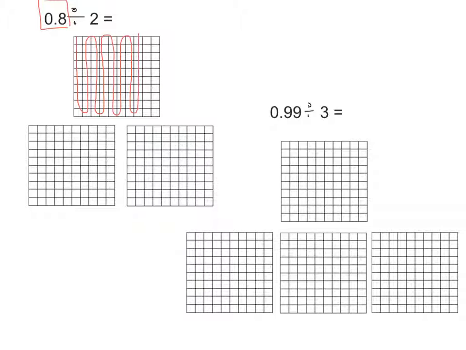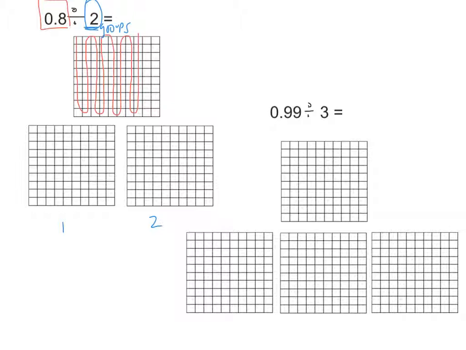Now, my second number is a whole number, and so in the previous examples, we were putting the number in that many groups. In this example, because I have a whole number, they want me to take 8/10 and divide it into 2 groups. So my grids underneath the examples are my groups. This is group 1 and group 2.